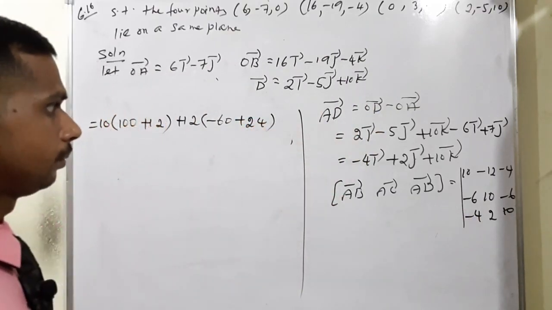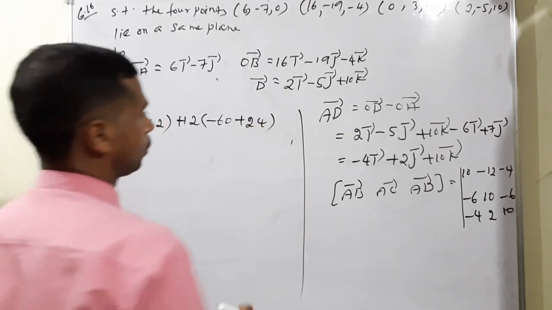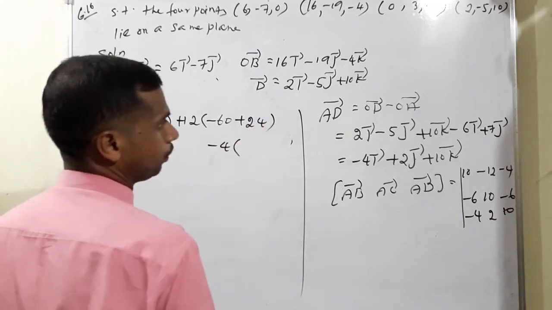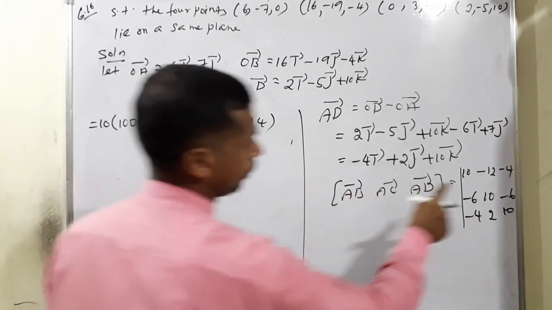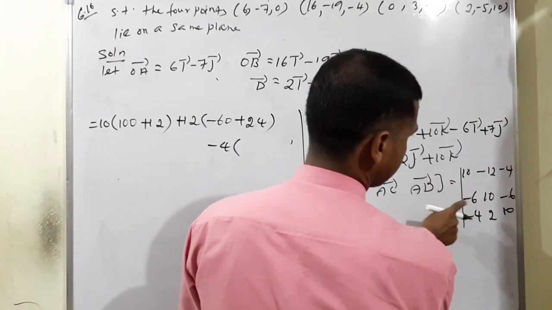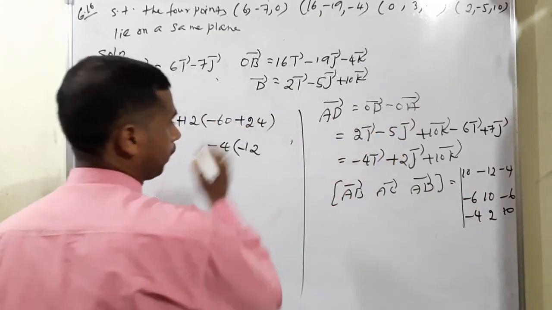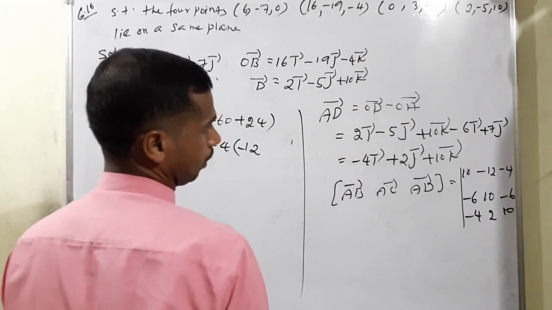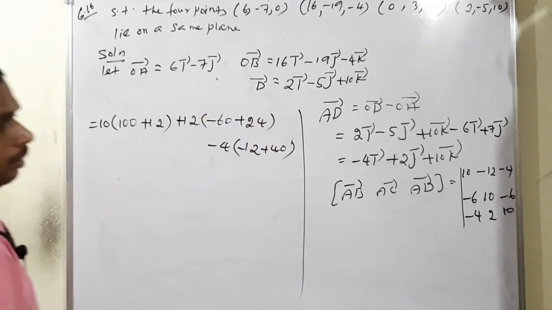Now next condition. Next one, last one minus 4, isn't it? So minus 4 means minus 6 into 2 minus 12, then common minus is therefore positive 40, isn't it?